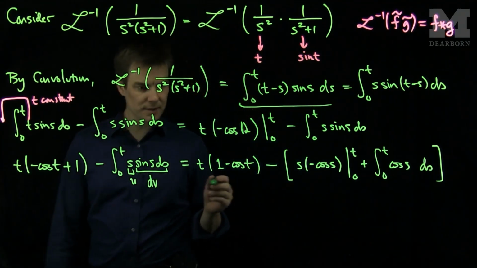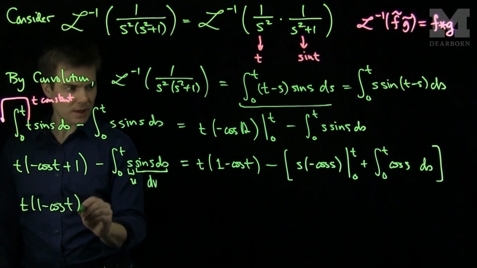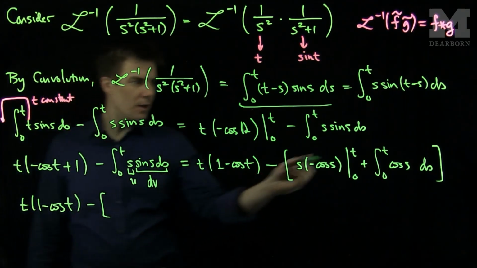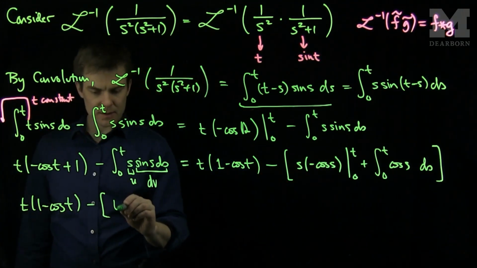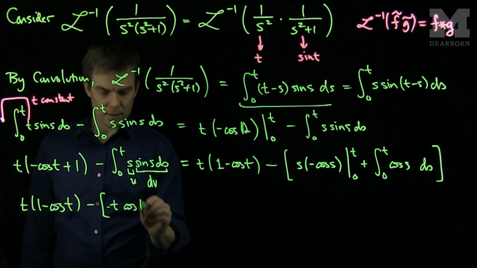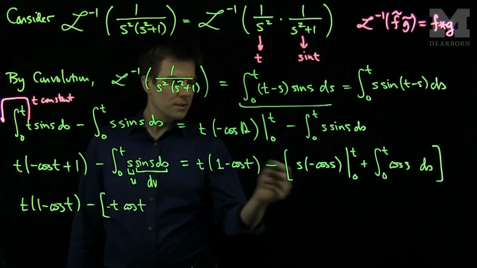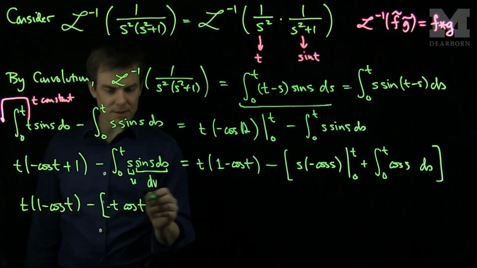So we'll simplify this. This will be t times 1 minus cosine of t minus, when I plug in t over here, a t cosine of t with a negative sign. I plug in 0 to this, and I'll get a plus 0. So I'll get a minus t cosine t.